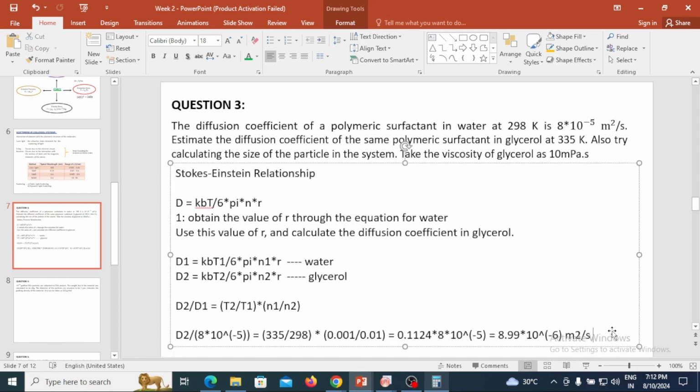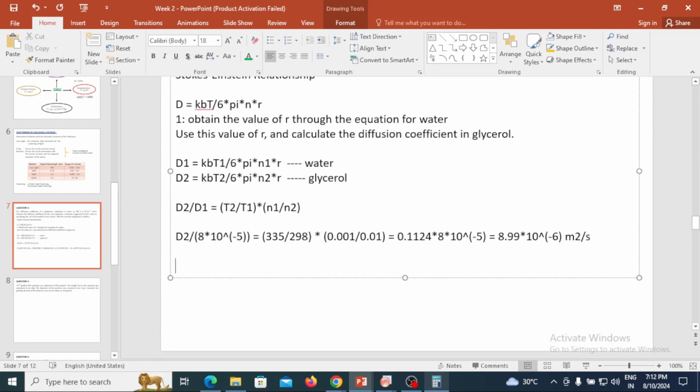Now the question does not end there. They are also asking us to calculate the size of the particle in the system. So again, it's simple. You just need to substitute this value of D2 in this equation for glycerol, and then you can get the value of R. Or since R is not going to change, you can also use the expression 1 and then get the value of R. But let me use here the expression for D2.